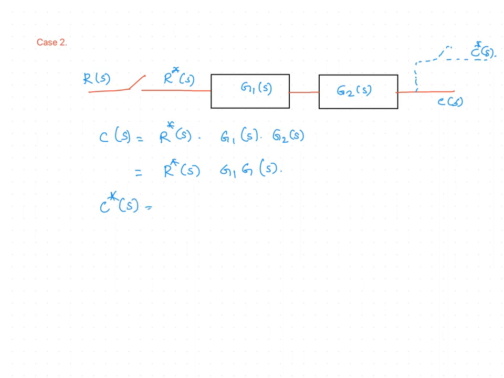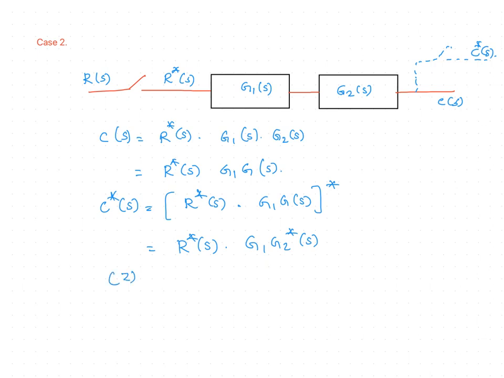So C star of S is equal to the star form of R star of S and G1G2 of S. So this will be R star of S into G1G2 star of S.